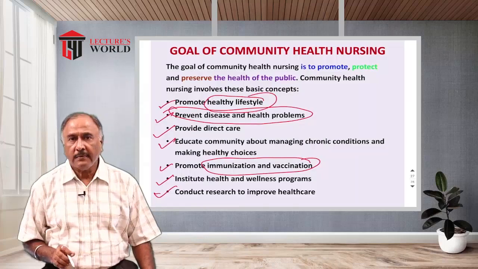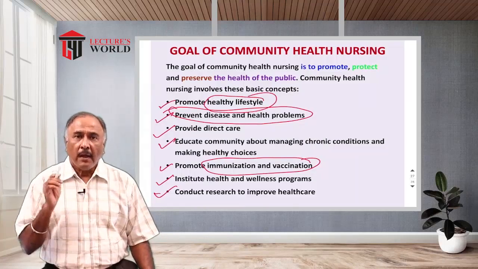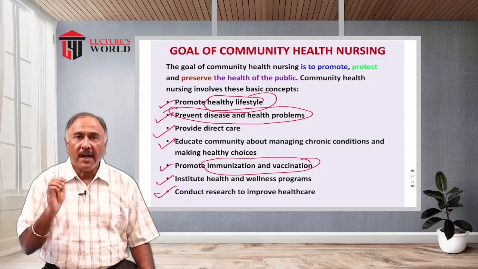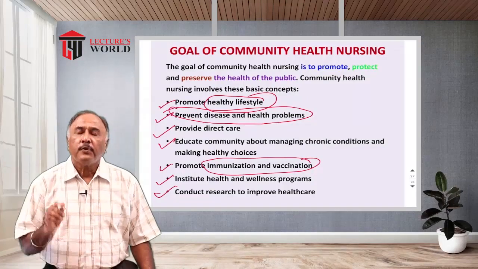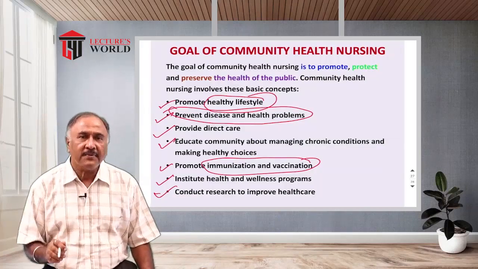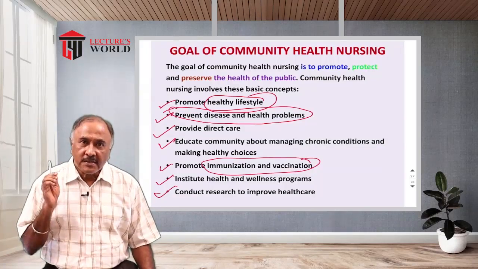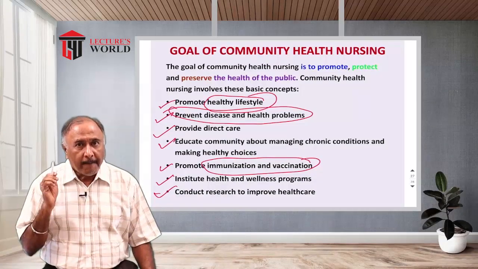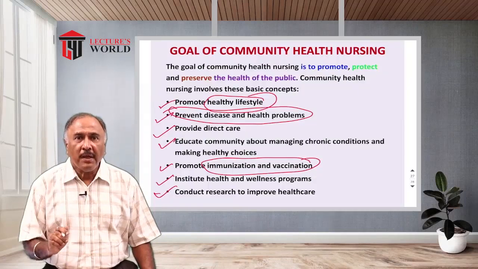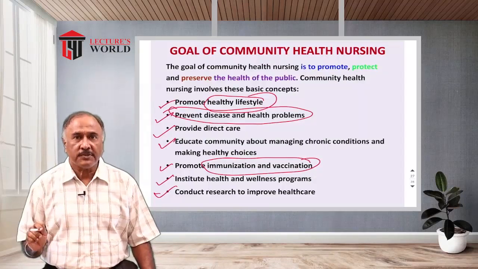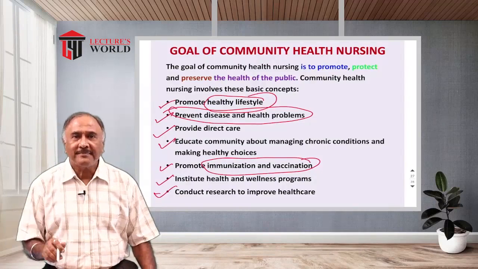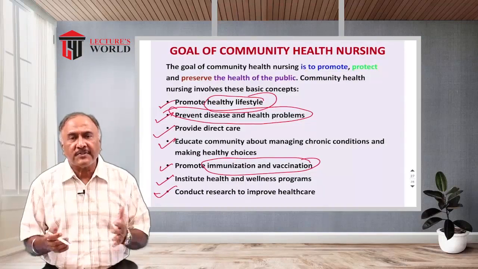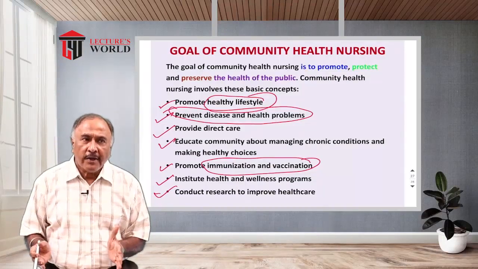promoting a healthy lifestyle means educating the people to live in a clean and hygienic environment, to wash their hands multiple times in a day, to eat healthy food, to live in a hygienic environment, to use certain materials like, say for example, a mosquito net to protect ourselves from chikungunya or dengue fever.